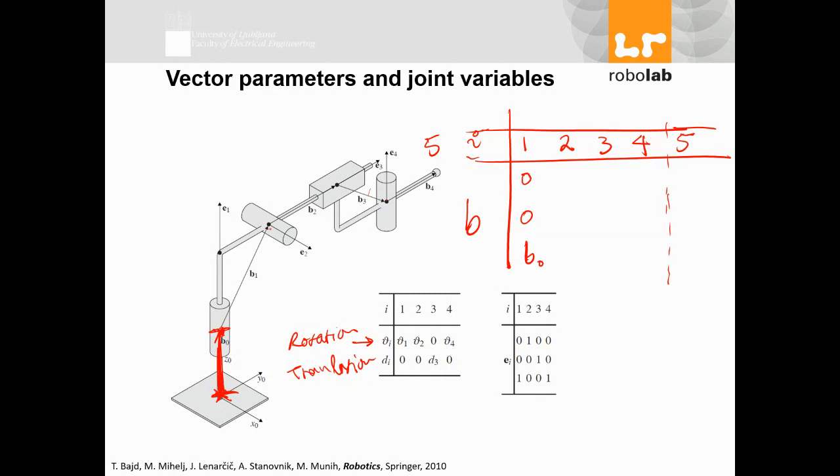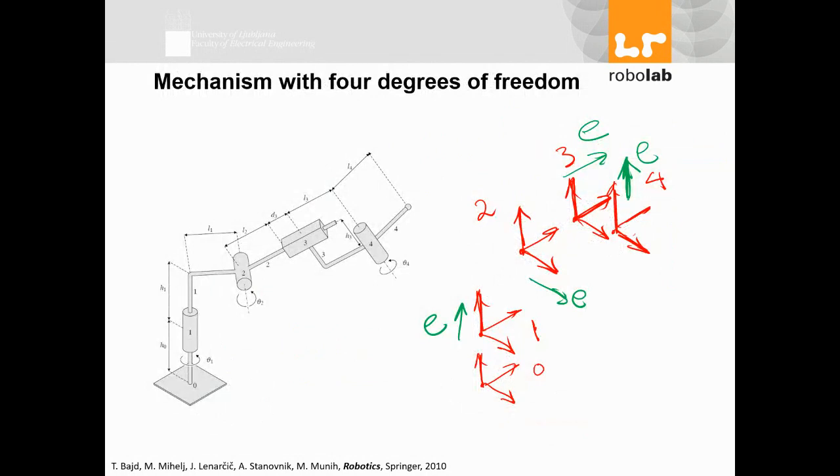If I want to go from here to here, I need to move in 2 directions. I need to go up this much, and I need to go forward in the y direction this much. Sorry, I have to go back to this one.